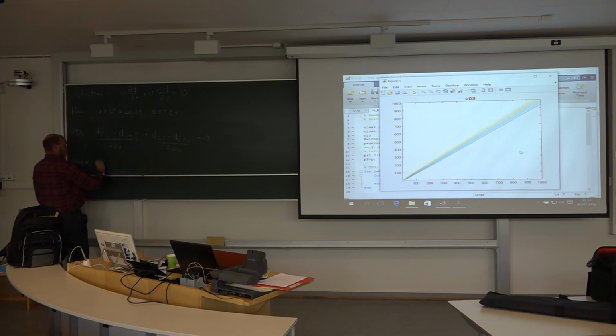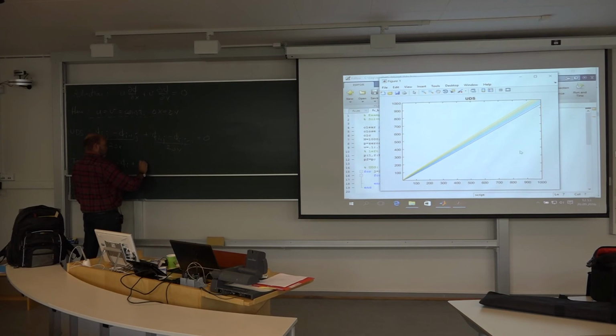And the Taylor series, let's take that one, phi i minus 1 equals phi i plus delta x phi single derivative with respect to x. No, it's minus. Yeah. And then plus delta x square half phi double derivative, and then higher order terms.